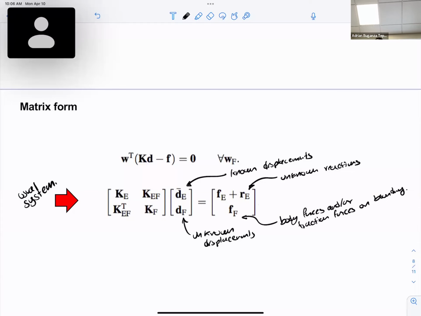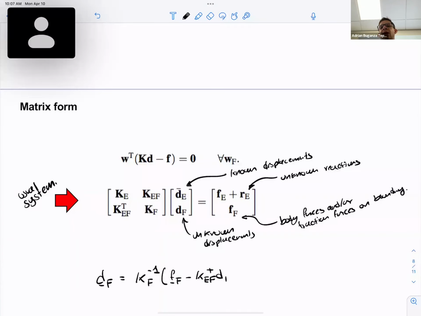The split of the system is the same as usual, so the solution would also be the same as usual. So KF inverse times FF minus KF transpose DE. That's it.